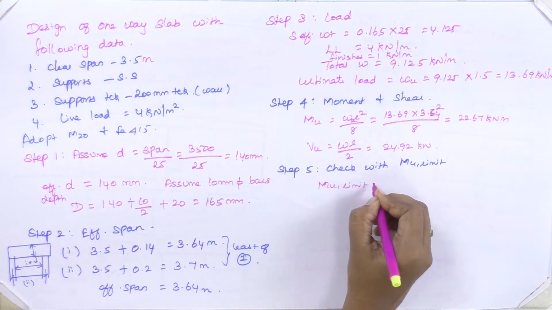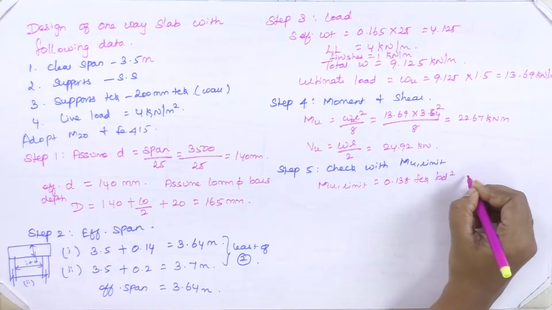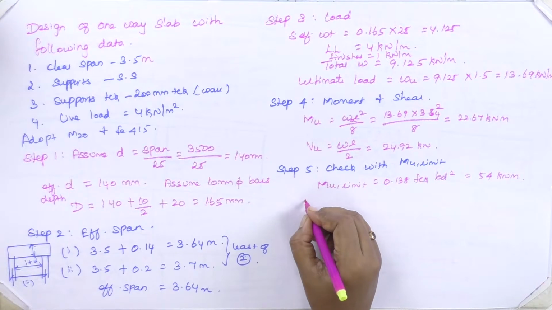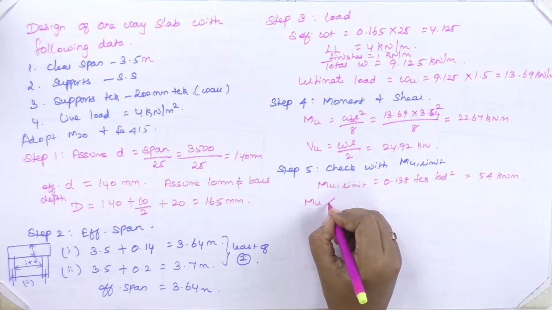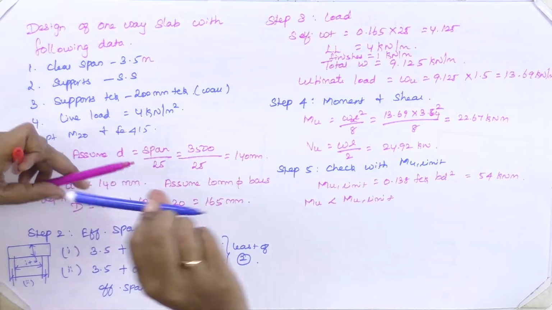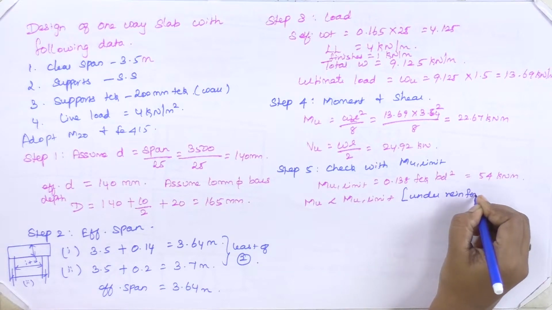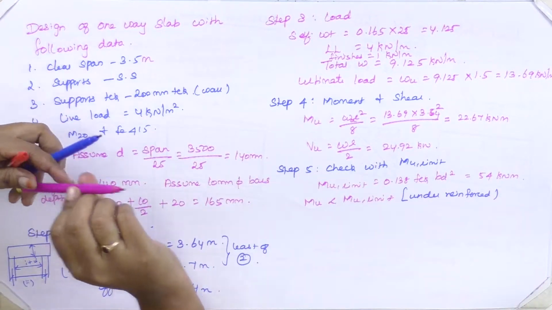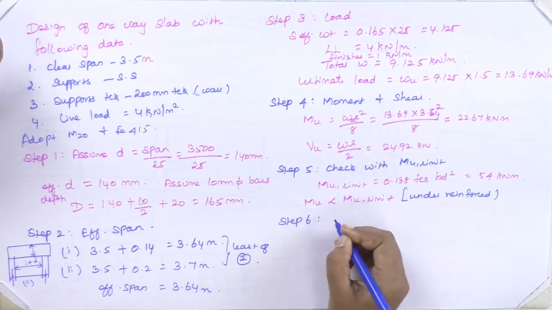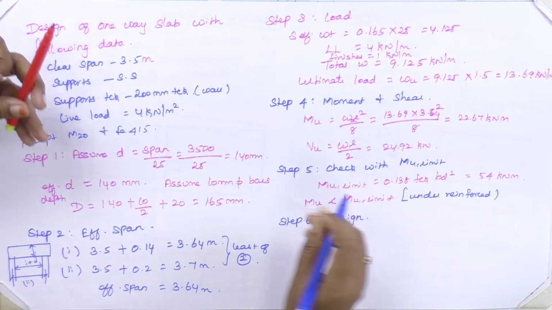Mu limit is equal to 0.138 fck b d square, that is equal to 54 kilonewton meter. So the calculated Mu is less than Mu limit. So the section is under reinforced. So I can provide step 6, design.